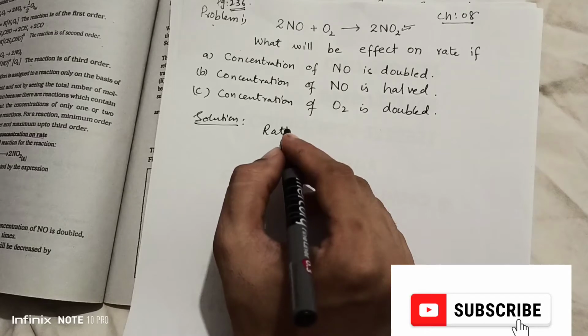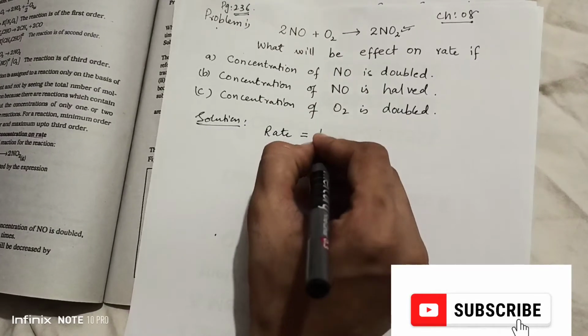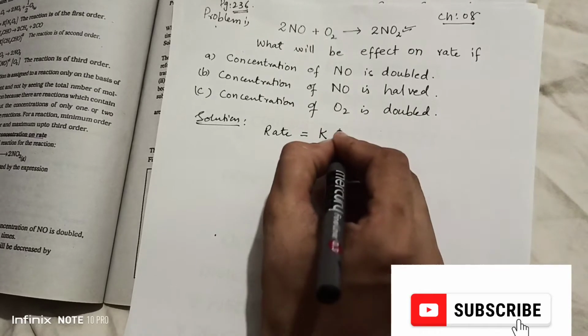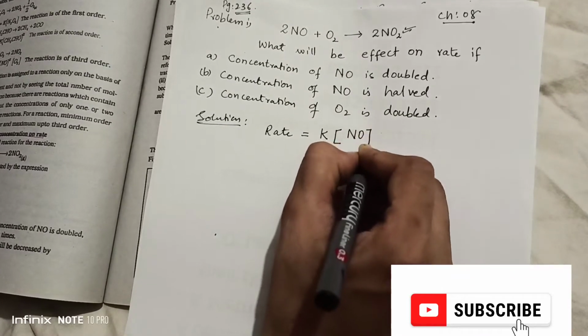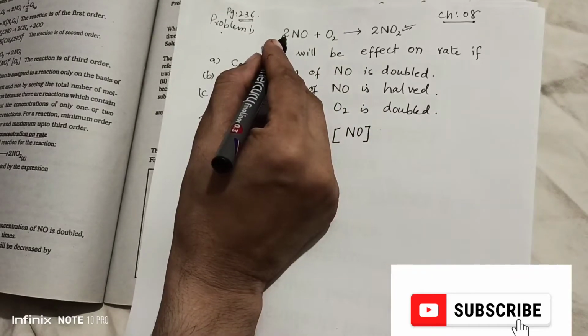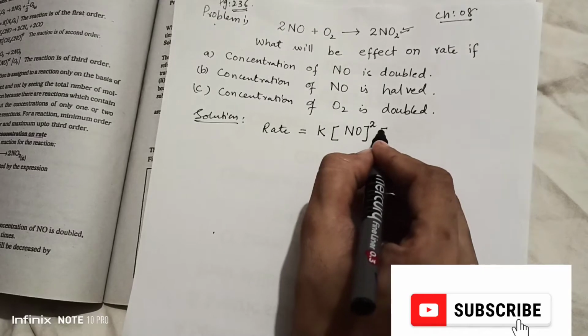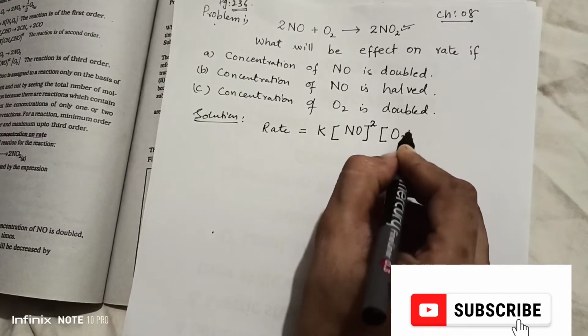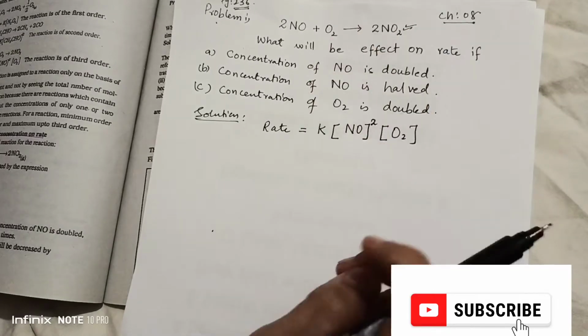It's one and the same thing. Rate is equal to K, [NO] squared, because here is a 2, this 2 will come in power, and [O2]. Now this is the rate expression of this equation.